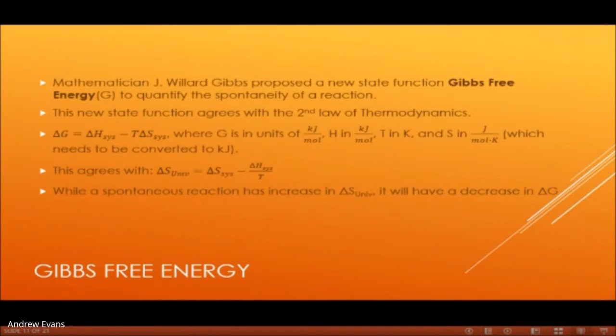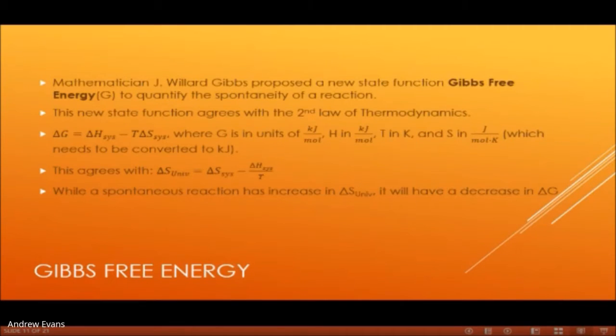Now, a mathematician by the name of J. Willard Gibbs proposed a new state function called Gibbs Free Energy. That's the event. Create a new function. You can name it after yourself. So you can live forever or be hated forever, depending on how you feel about this by the end of the year.